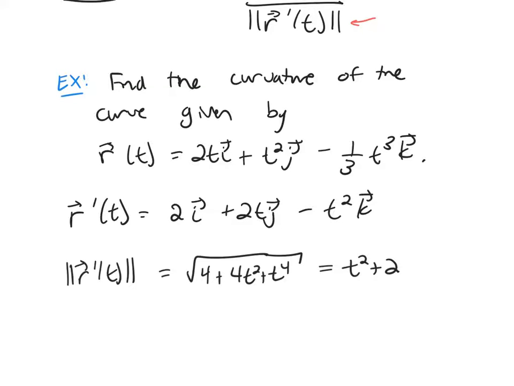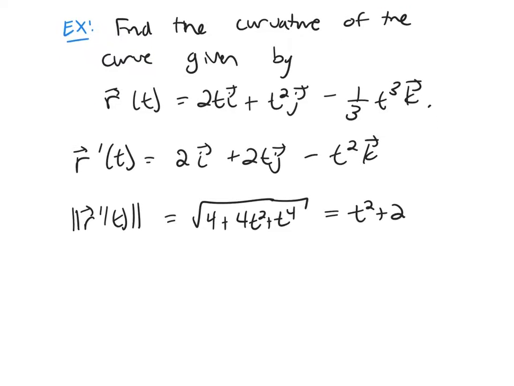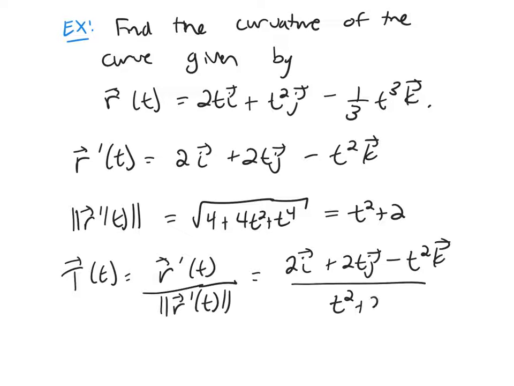So now, what I'm going to do next, if I look, I'm going to need my unit tangent vector T. So that's what I'm going to find next, the unit tangent vector T, which remember that's r prime over the magnitude of r prime. So this will be 2i plus 2t j minus t squared k over the magnitude, which was t squared plus 2.